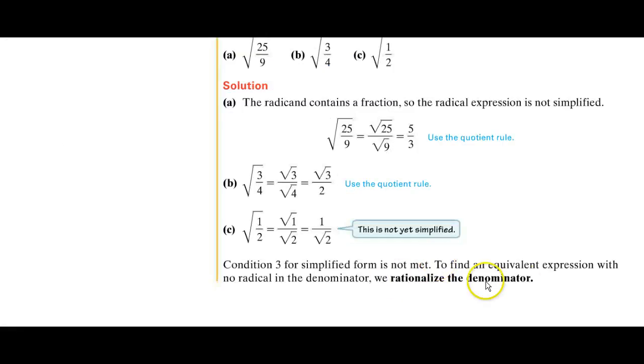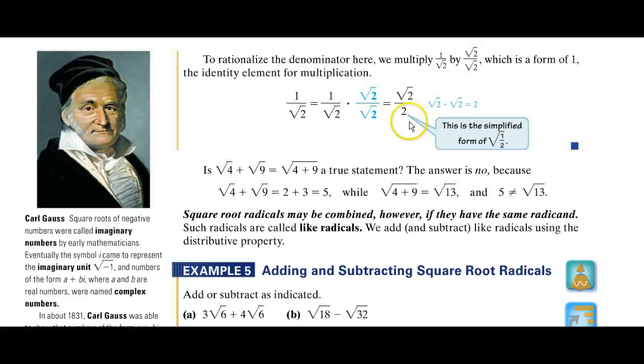And here we see the word. We've gone from an irrational number to a rational number. We have rationalized that denominator. And we see that illustrated on the next page. Remember, in this form, it is not simplified, but in this form, it is.